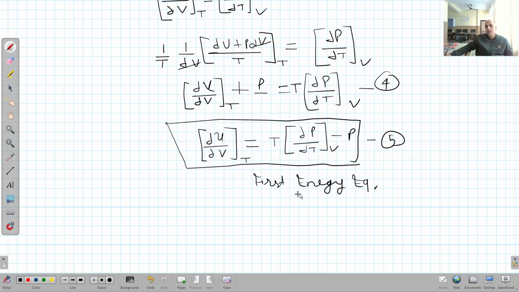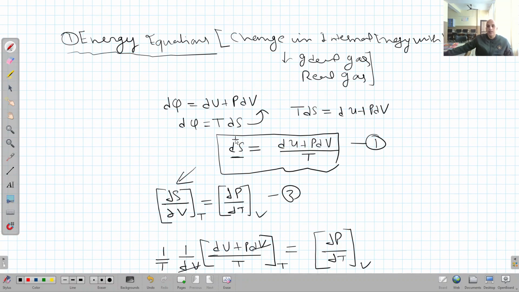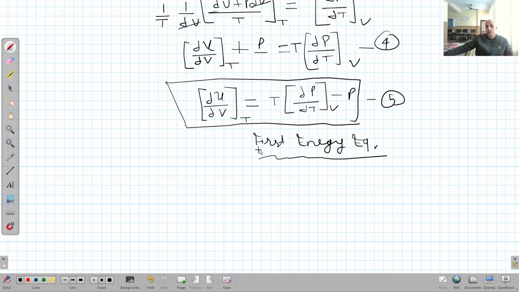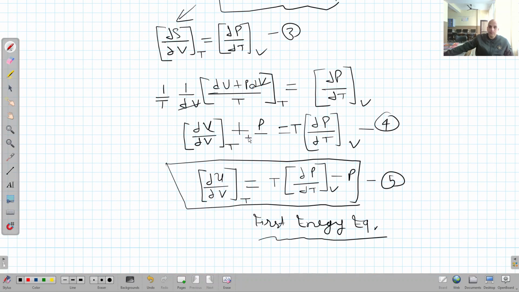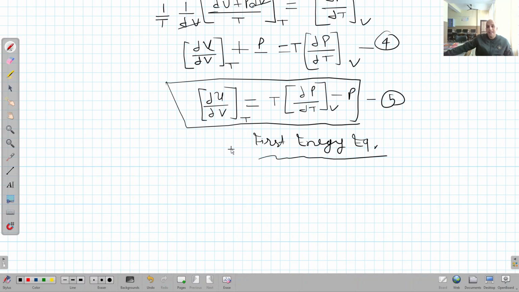What is this equation telling us? This equation is telling us about the change in internal energy with change in volume at constant temperature, right? So I have told you in the beginning that we are looking at the change in internal energy with change in volume, but we are now taking the case of ideal gas and real gas.